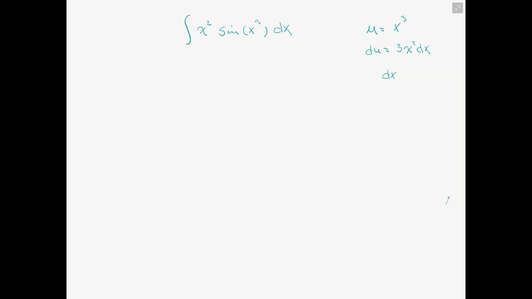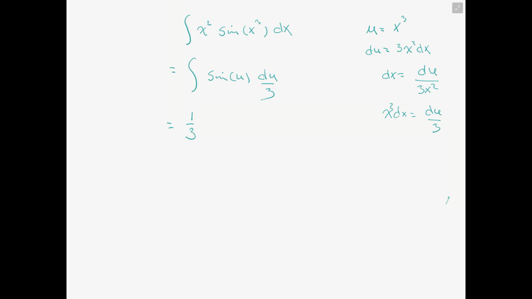So dx equals du on 3x squared. Or we could just say x squared dx equals du on 3. It's the same thing. So we end up with the integral of sine u du on 3.